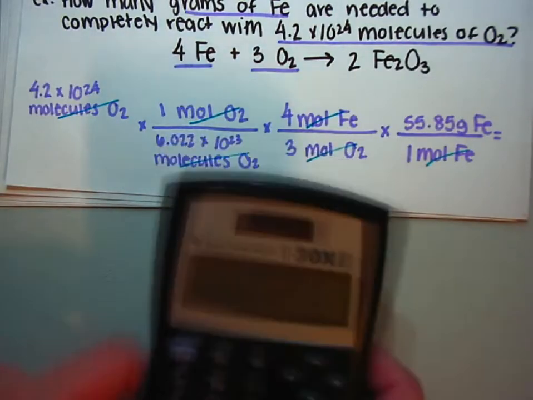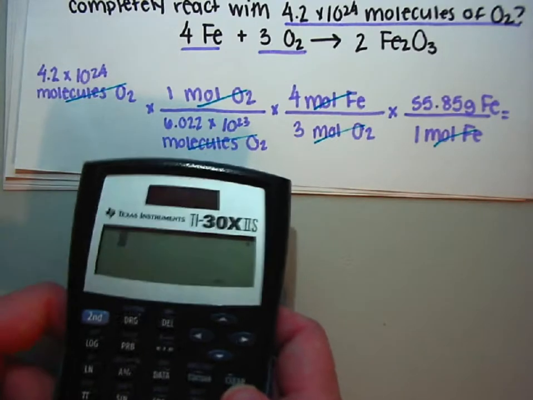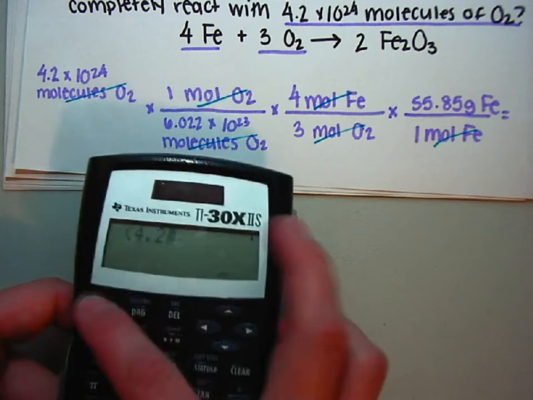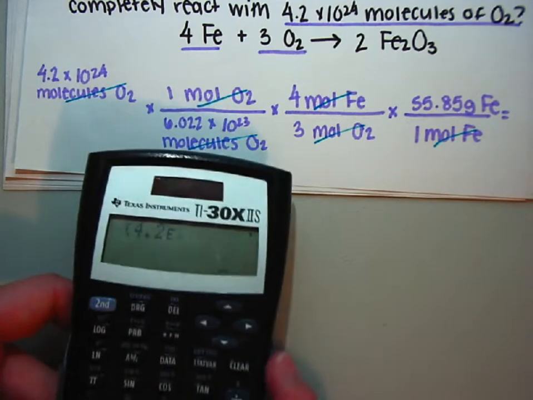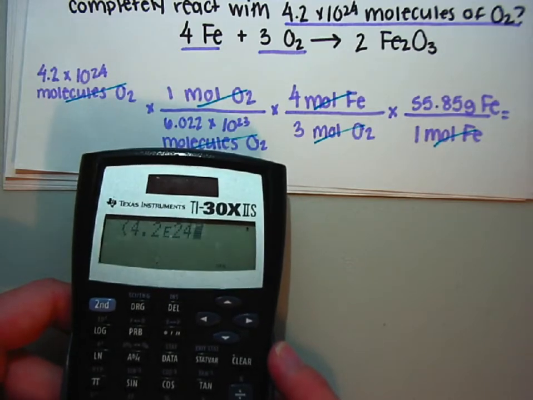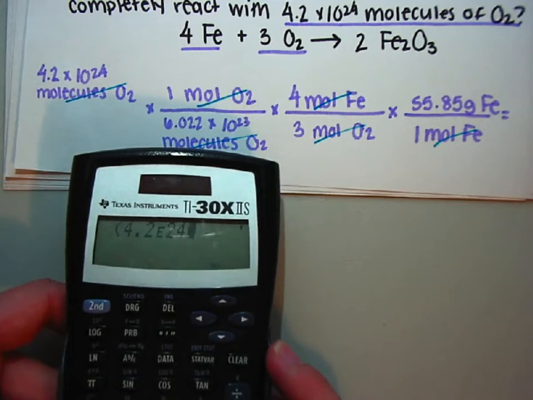Last step is our calculation. Again, we want to multiply everything across the top. 4.2 second E24. Again, no times, no 10, no caret. 4.2 times 10 to the 24th would be 4.2 E24.